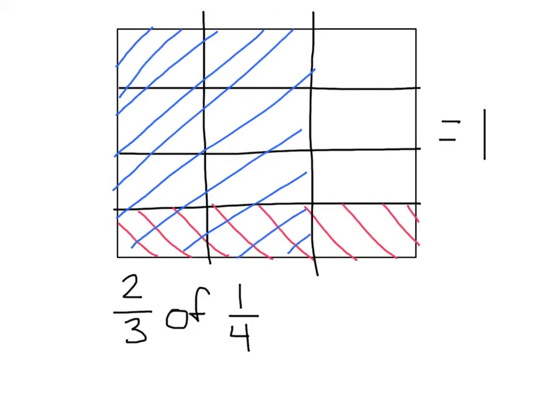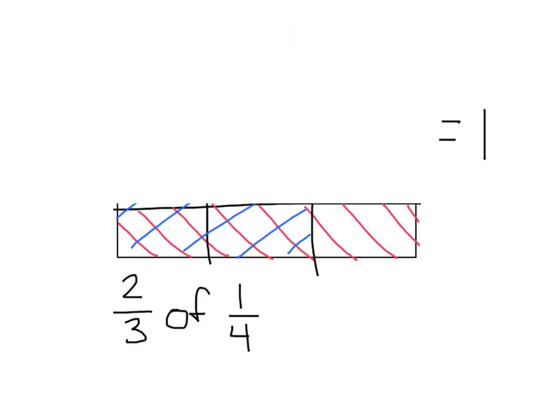So right down here is where I can show 2/3 of 1/4, because what I have shaded in red was the 1/4, and then what I have shaded in blue where it crosses over, that's just 2/3 of that. So actually, let me just show you something.